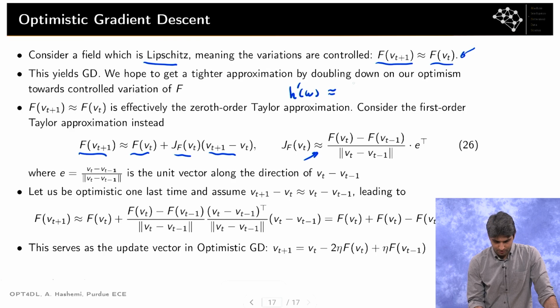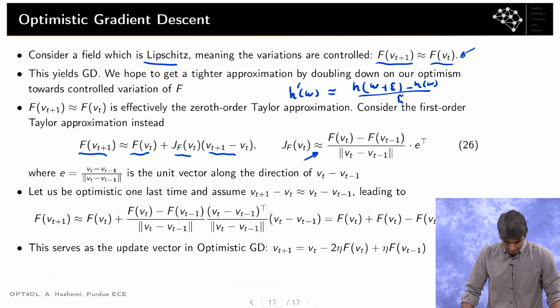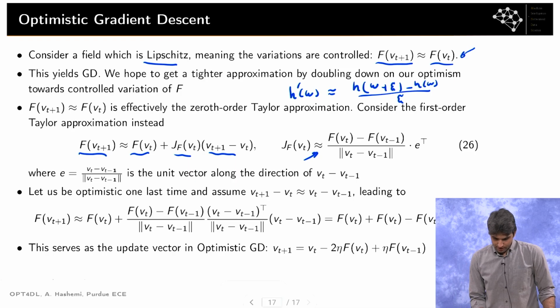Well, this is approximately h of w plus epsilon minus h of w, divided by epsilon. So this is essentially what we are doing on the right side of equation 26, but we are doing that for a matrix. Here e is a unit vector in the direction of the difference of Vt and Vt minus 1.